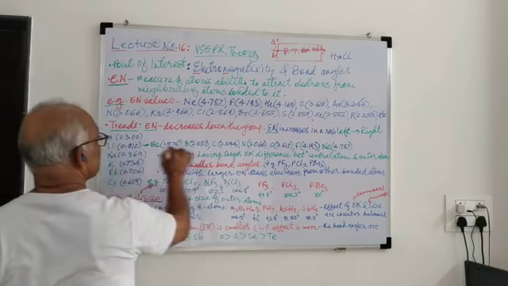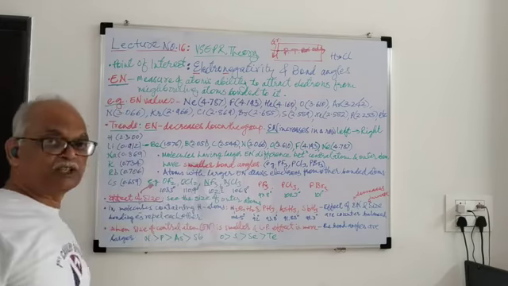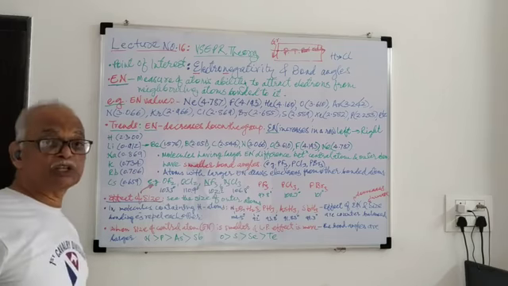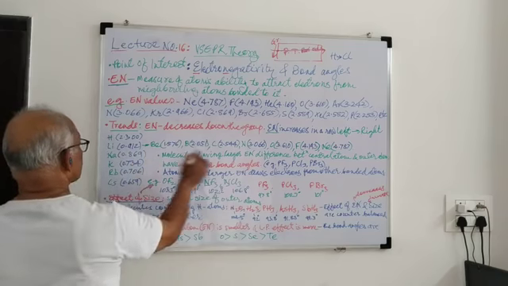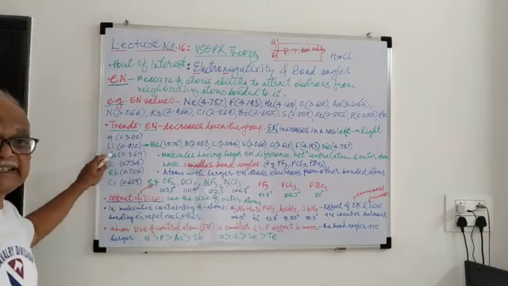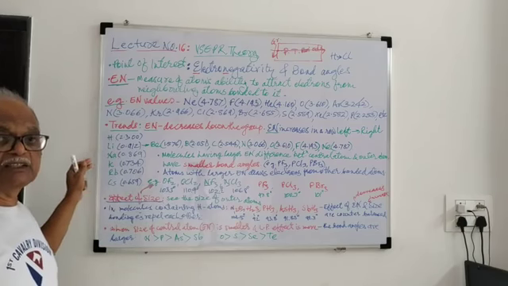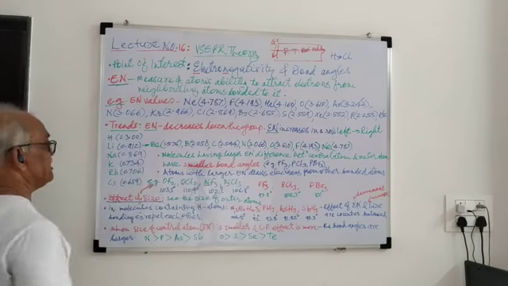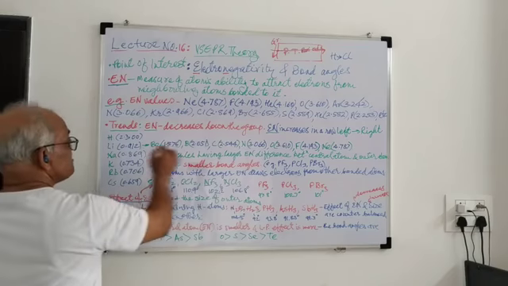Similarly, as you move along the period from left to right, lithium is present at the extreme left of the period, so it has the minimum value of electronegativity in this period.